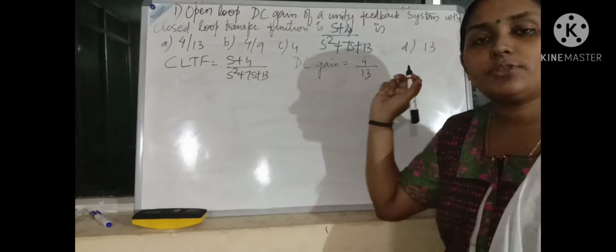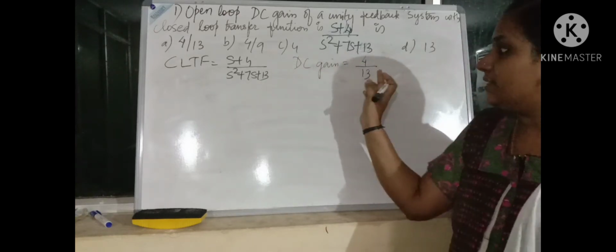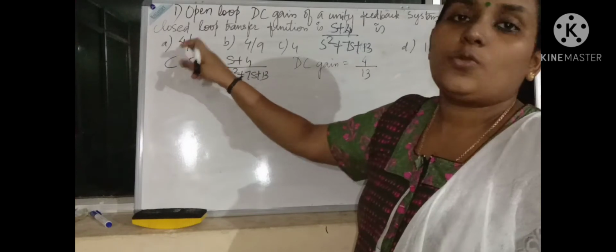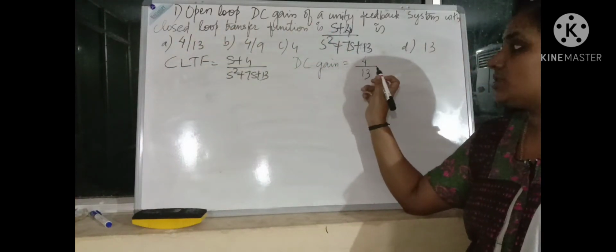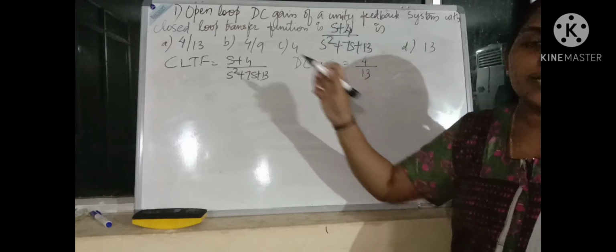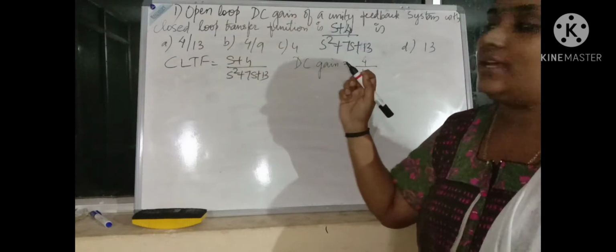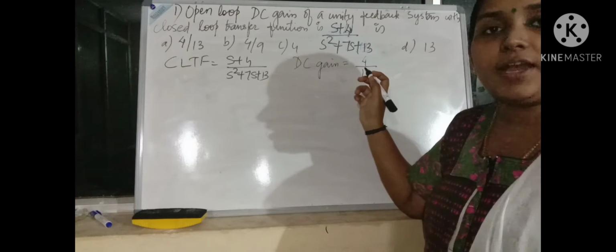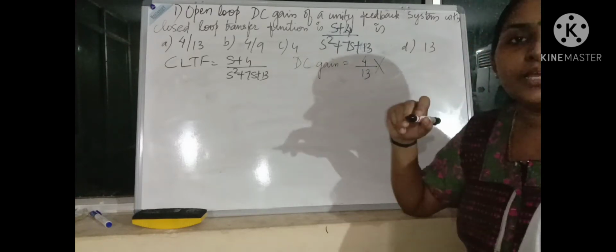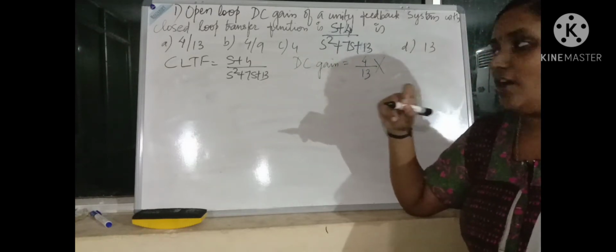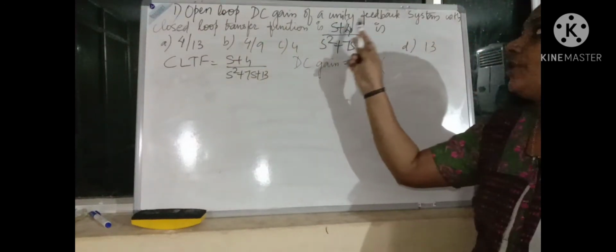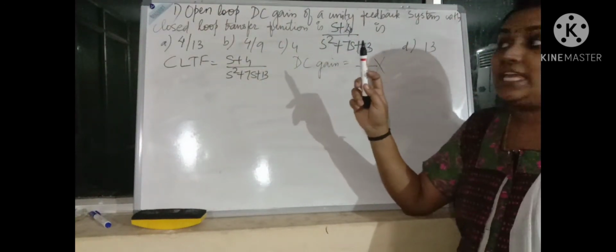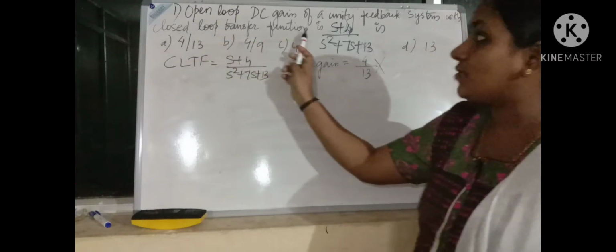Is this correct for this question? This wrong answer is also included as an option. Is this the correct one? No, this is not the correct one, because they ask for the open loop DC gain of a unity feedback system. Here the closed loop transfer function is given.